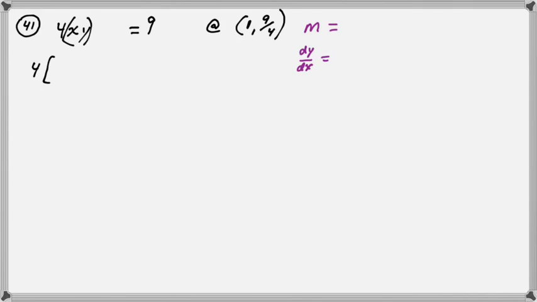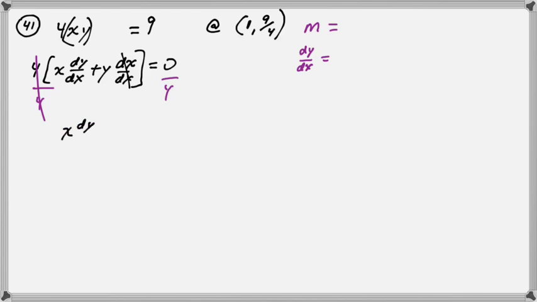I'll keep the 4 out as a constant and do a product rule. x times the derivative of y plus y times the derivative of x. And the derivative of a constant would be 0. So you could divide by 4. 0 divided by 4 is 0. So you have x dy/dx plus y equals 0.